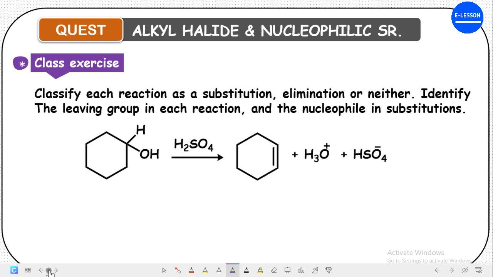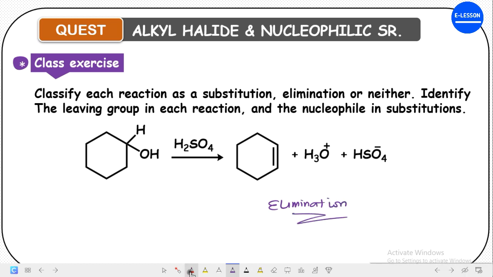Now let's come here. Look at this reaction. What kind of reaction is this? Is this substitution, elimination, or neither? First of all, look at the double bond. A double bond is being formed here, right? And this OH and one hydrogen from here are being removed. So we can say that this reaction is purely an elimination reaction. So we don't have any leaving group here.